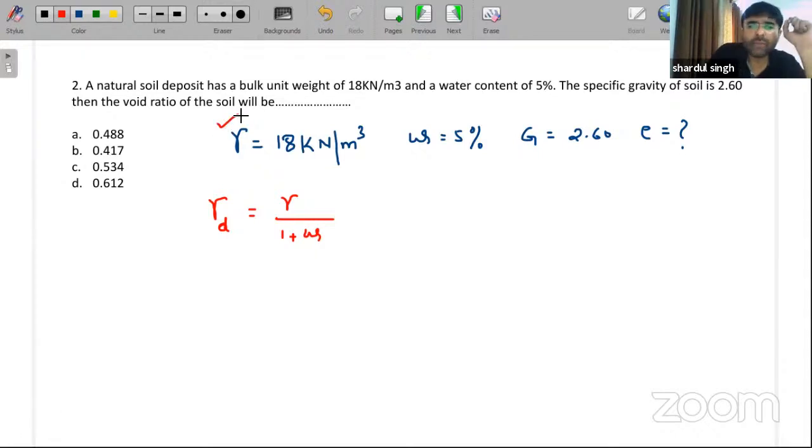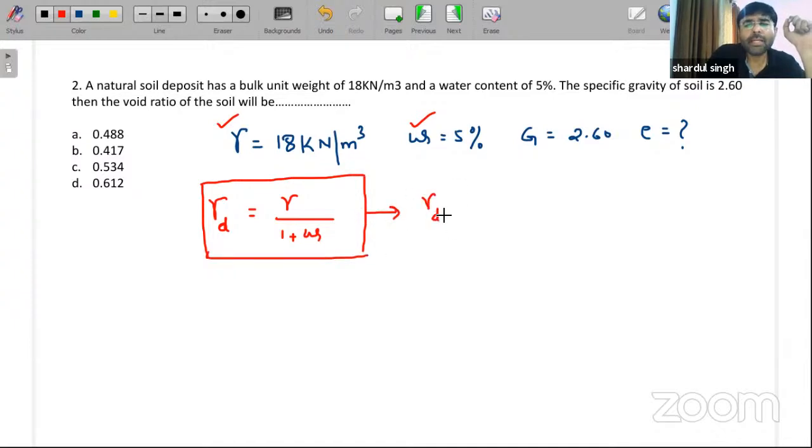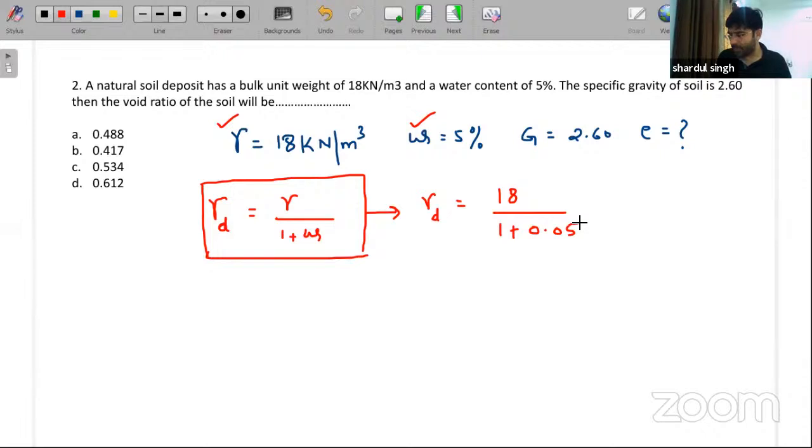So gamma D will be equal to 18 upon 1 plus 0.05, since 5% means 0.05. It comes out to be 17.14 kilonewton per meter cube. This is the value of dry unit weight.